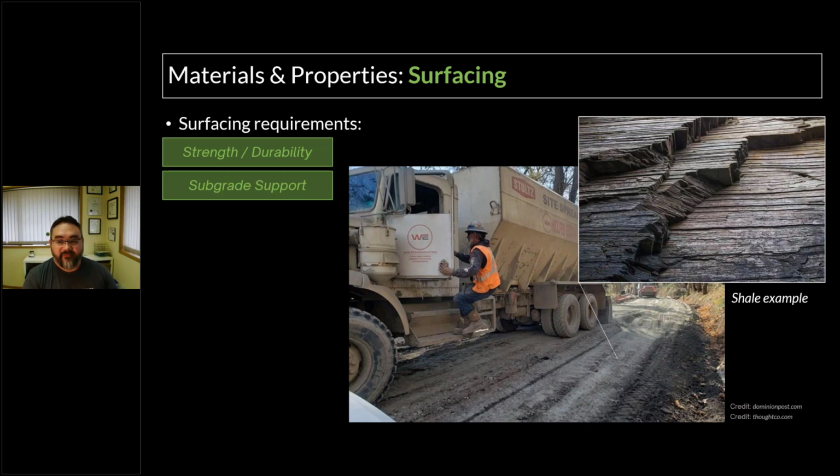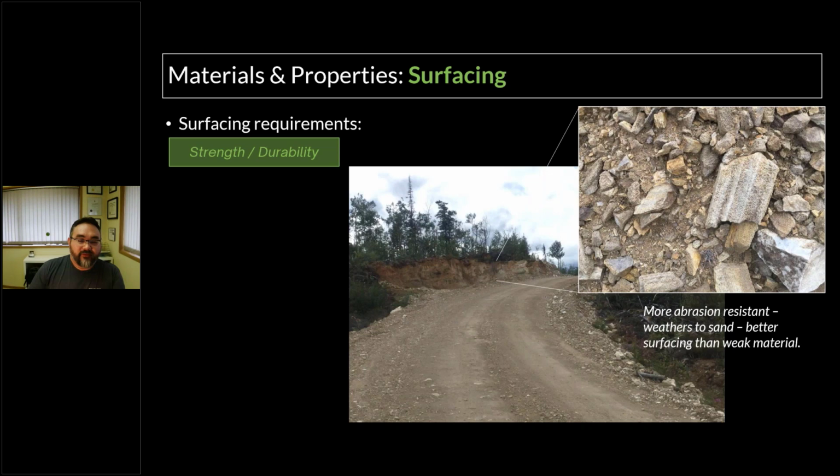In this example, we have some shale that will weather to silt, and so that's going to behave very differently over time than something that is far more coarse grained, such as a granodiorite that will break down to sand. So that's not only creating those fines that maybe cause stability issues in your road prism, or softening of the surface for rutting that can concentrate drainage or cause more dust.